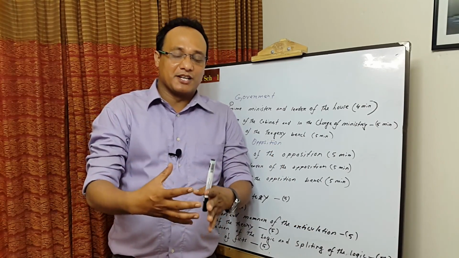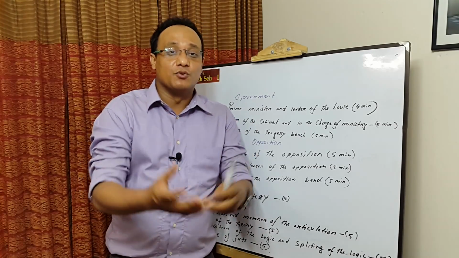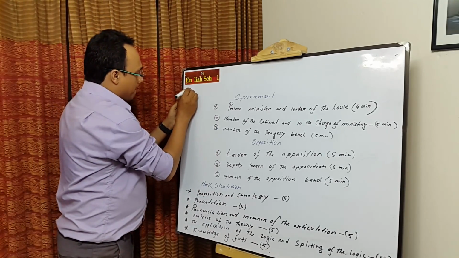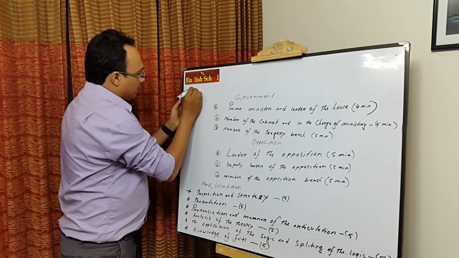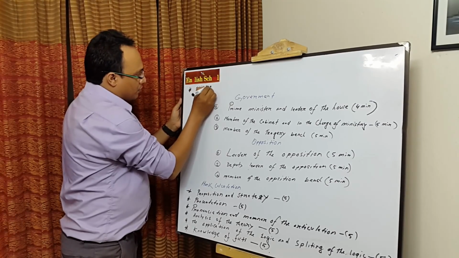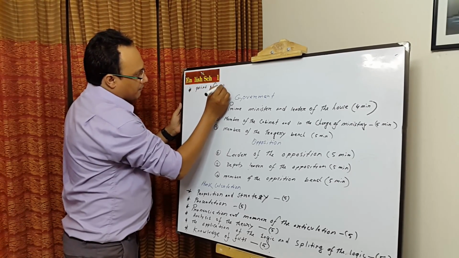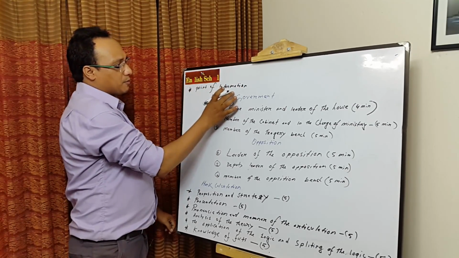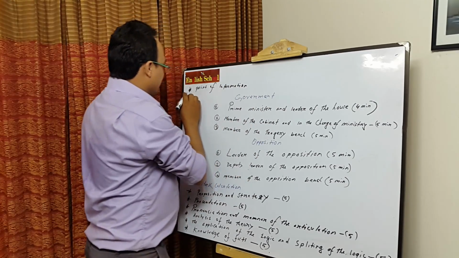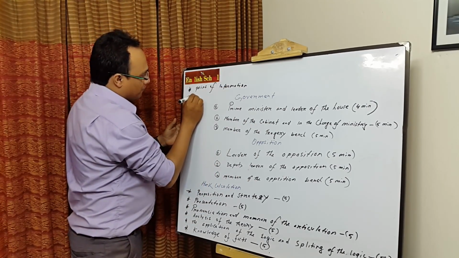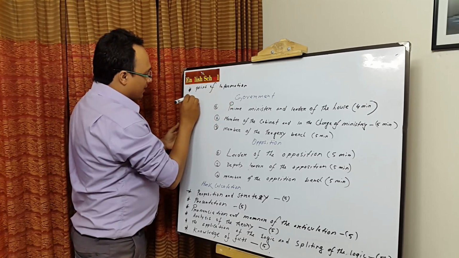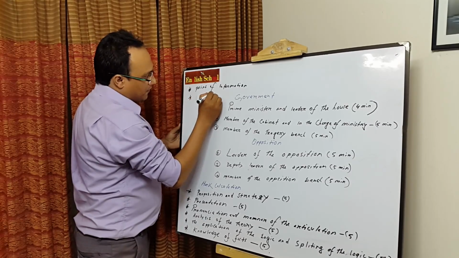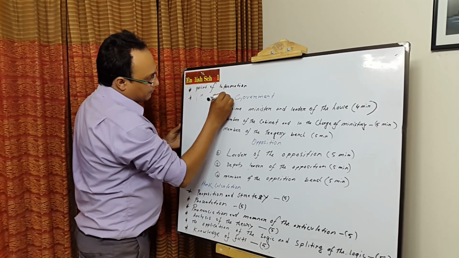In a parliamentary debate, we have to maintain some rules and regulations. Now we're going to learn them. First one, point of information. Second, point of order.